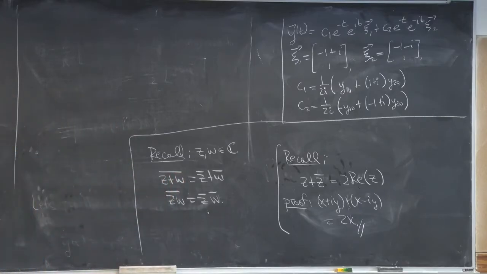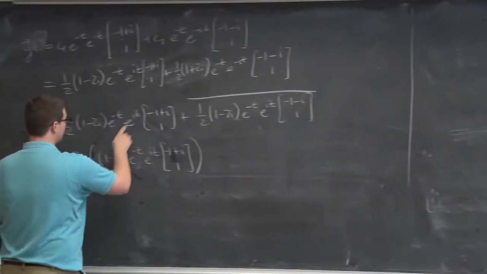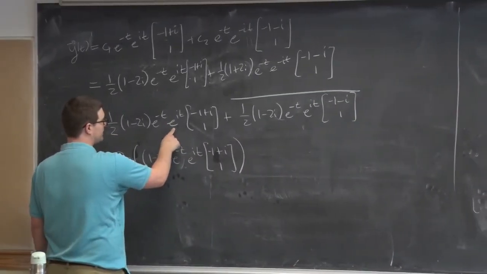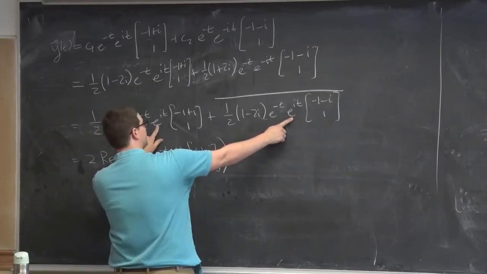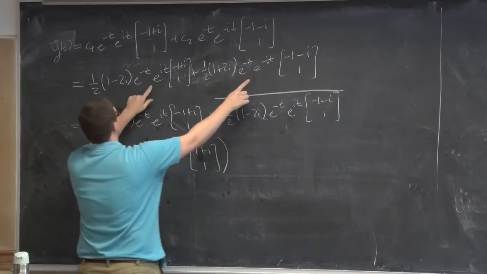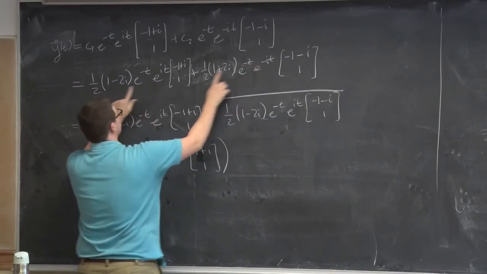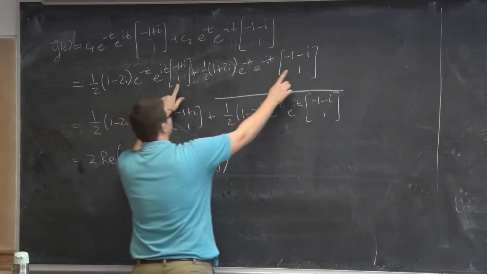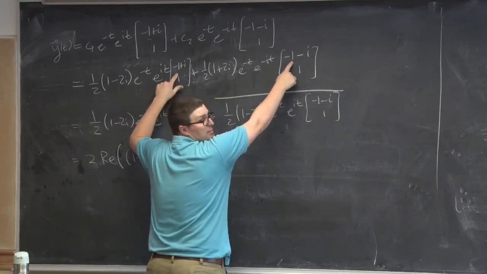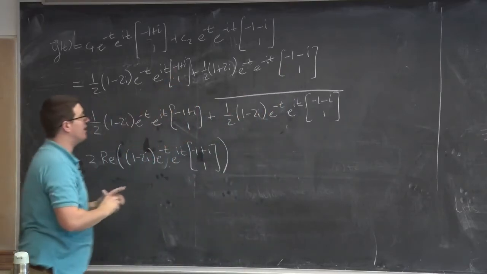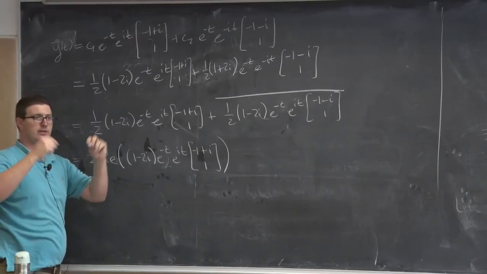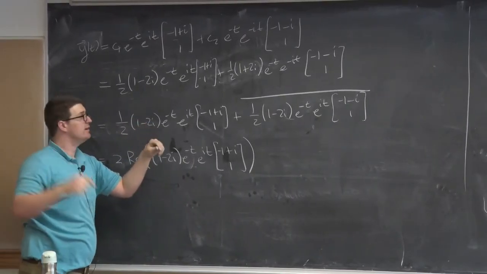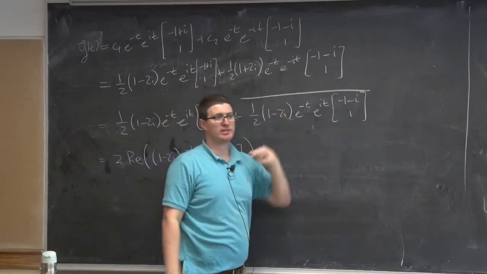In particular, since all of these things are conjugates, you can really see that this term is the conjugate of this one, and this one is the conjugate of this one, up here. And it turns out that if you have a bunch of conjugates multiplied times each other, you can take the bar up, and so you can take the complex conjugate of the whole thing.